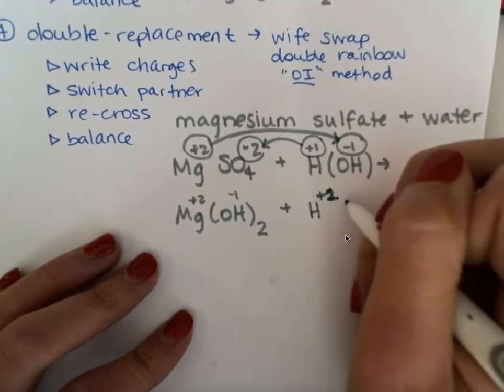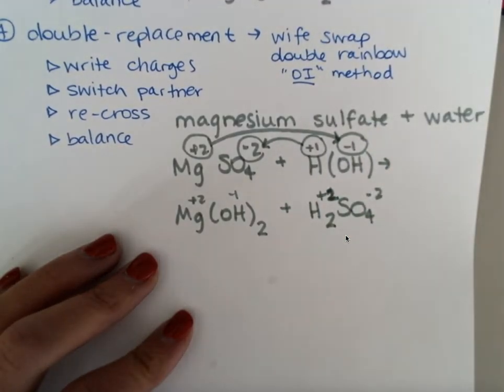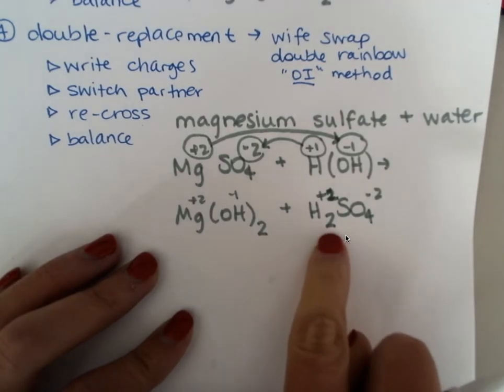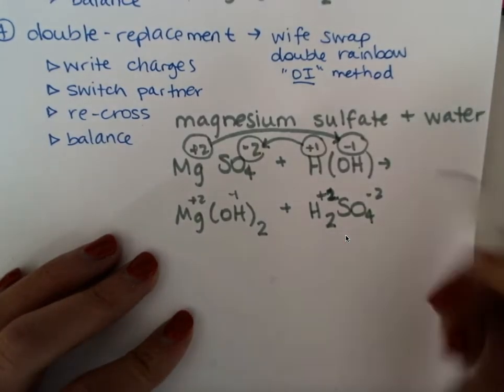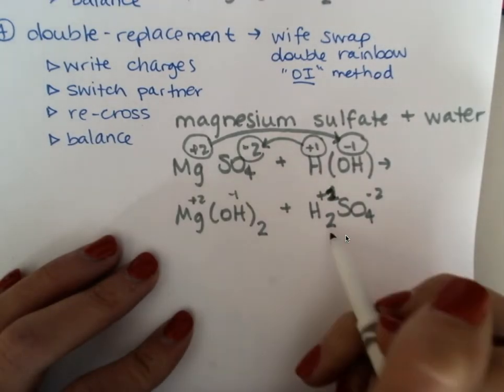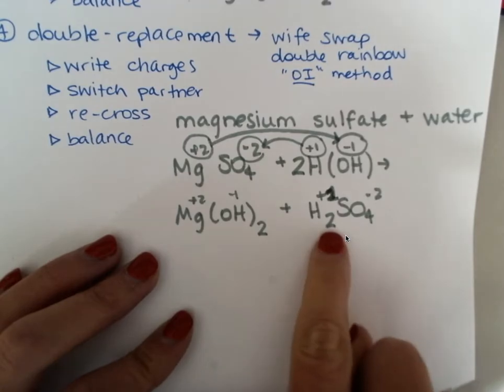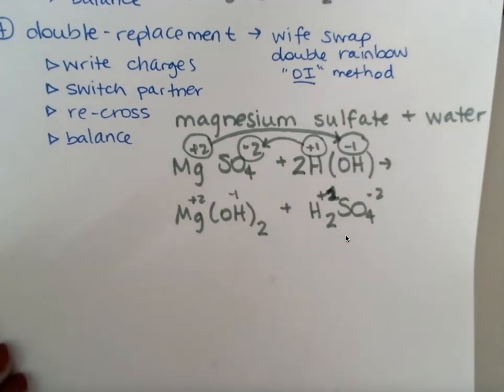So hydrogen's a +1, sulfate's a -2, so I got to cross that charge down and have two H's there. That's a 1, sorry. And so here, when I'm done recrossing my charges and I balance, I've got 2 hydroxides, so I need 2 hydroxides. That gives me 2 hydrogens, but I already have 2 hydrogens. So there's my balanced double replacement reaction.